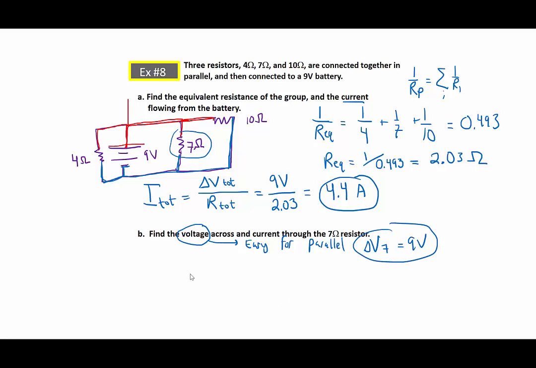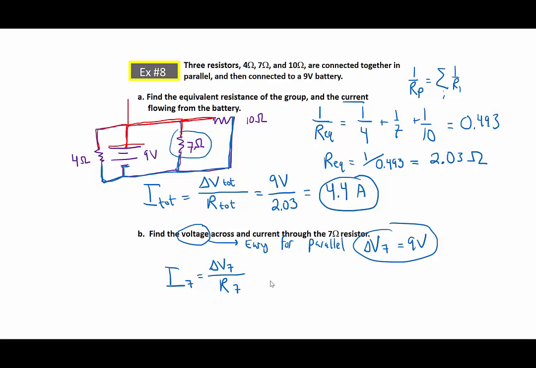Okay, so to find the current at the 7 ohm resistor, I'm going to take the voltage across the 7 ohm resistor, because I'm using Ohm's law here, just like I used a second ago. Ohm's law is going to find me that current, divided by the resistance, but I'm talking about just the resistance to flow in that branch where the 7 ohm resistor is, up here.